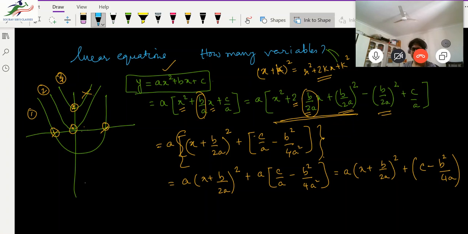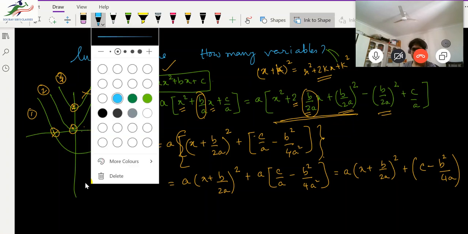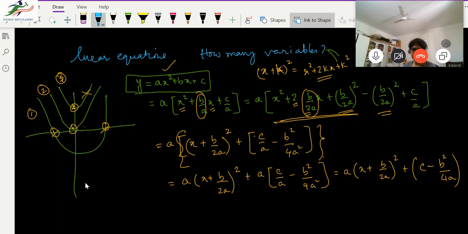Look at this carefully. For any value of x, x plus b by 2a whole square will always be greater than or equal to 0, a square term. And I'm considering the curve like this, so a is positive, a is greater than 0.